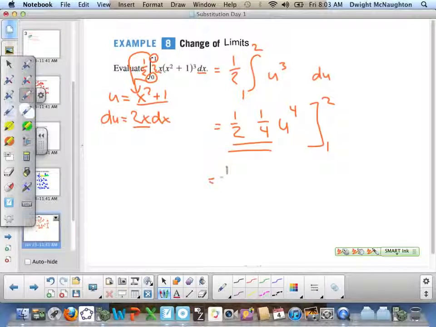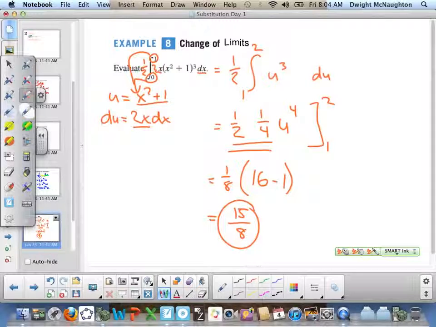That leaves me 1/8 times 2 to the 4th is 16 minus 1 to the 4th is 1. So I am left with 15/8.